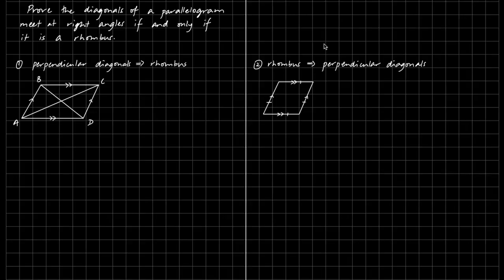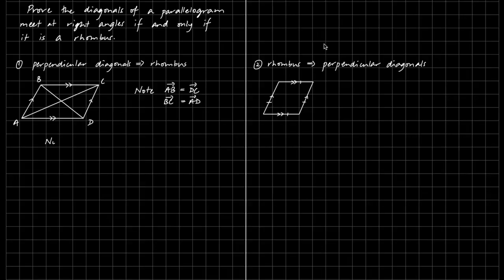So let's just note a couple of things that we're going to use. Probably the fact that the vector AB is equal to the vector DC, and also the vector BC is equal to the vector AD. So just remembering that as vectors, those are equivalent.